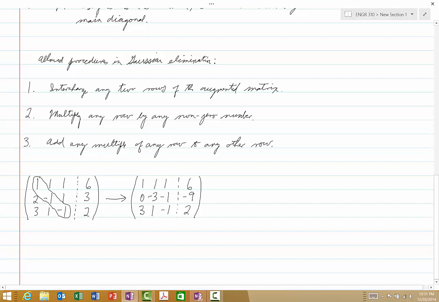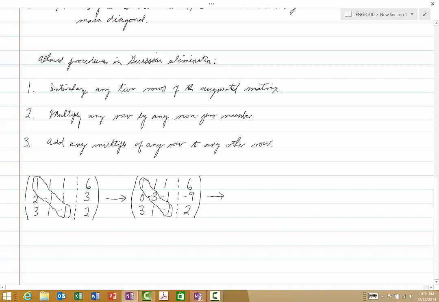And notice that the main diagonal of the augmented matrix is right here, 1, negative 3, negative 1, and whereas we originally had 3 non-zero terms below the main diagonal, now we have just 2 non-zero terms below the main diagonal. This is a 0, so it doesn't count. So we're left with just 2 non-zero terms below the main diagonal.